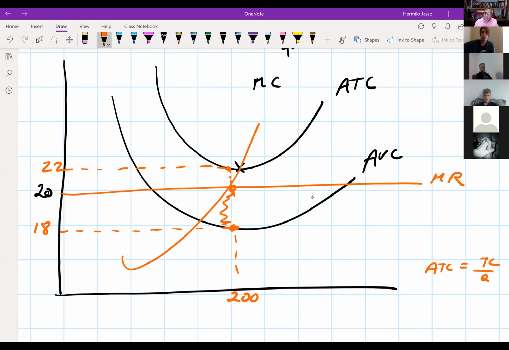So a company like this will stay in business only for the short run. You're losing money, but it will be okay for you to stay in business because the price is high enough that it's paying all your labor costs and part of your fixed costs. Let's say it's covering all your employees and part of your rent.